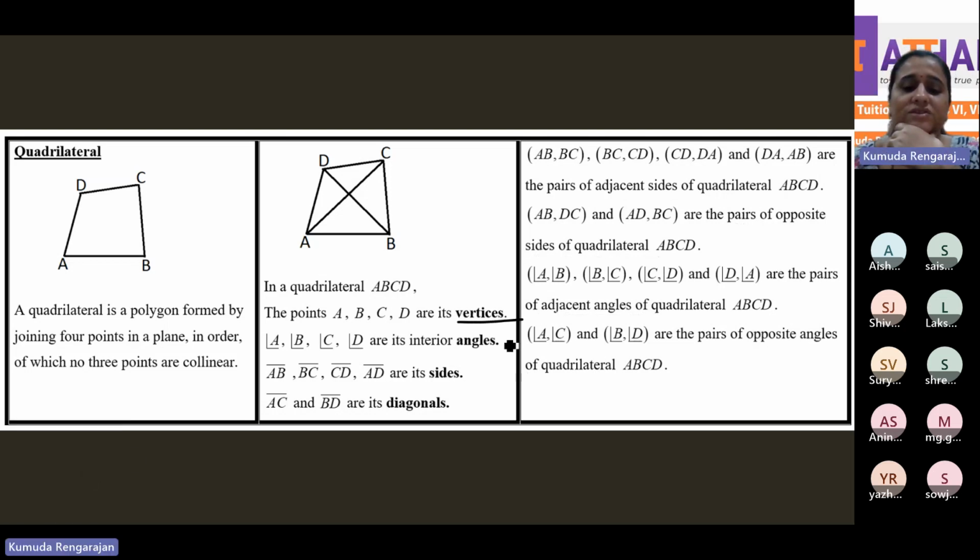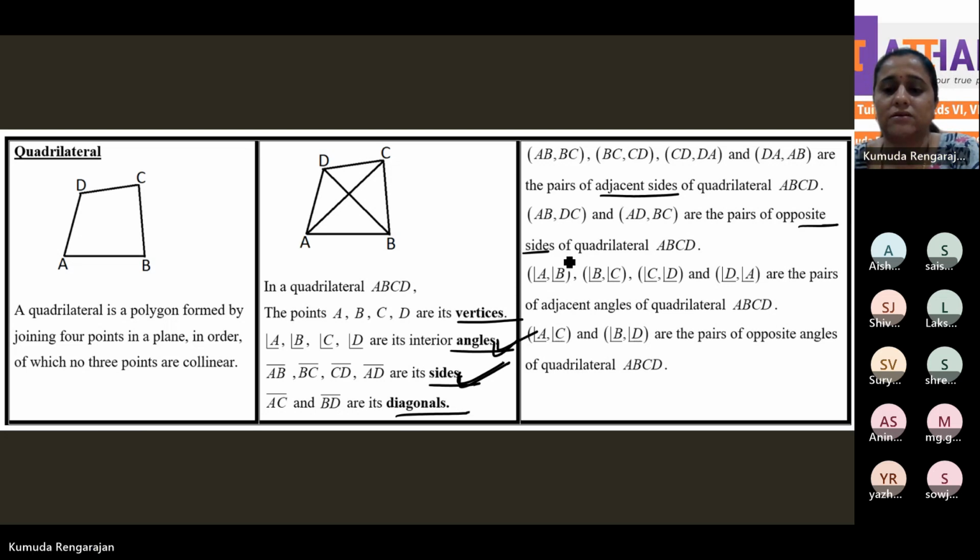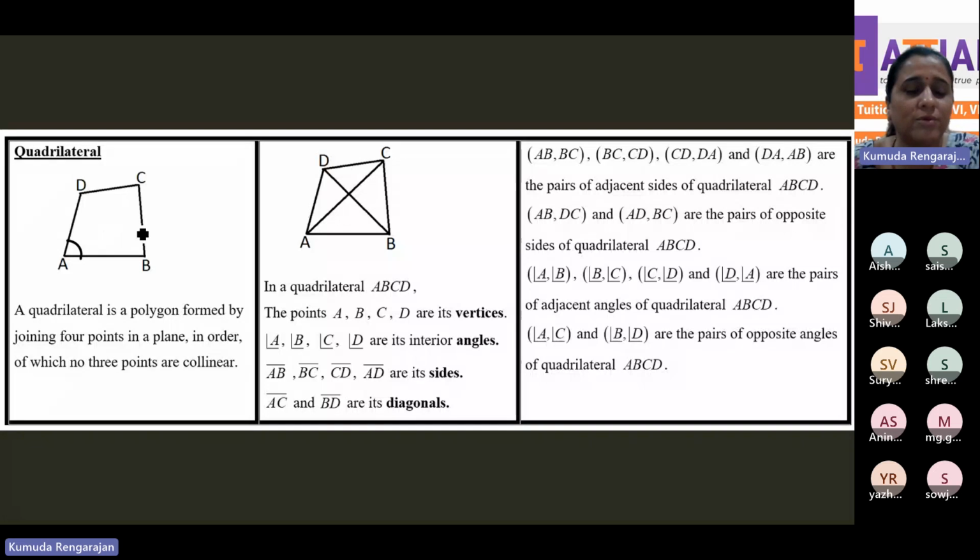So vertices, angles, sides, diagonals. Now for angles and sides, we have adjacent sides, opposite sides, adjacent angles, opposite angles. Here, I'm repeating, angle A and angle B are a pair of adjacent angles.